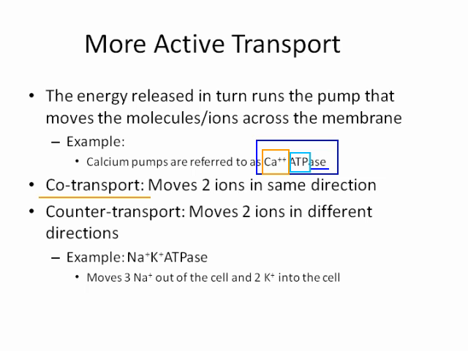And with a co-transport, that pump is not only moving one ion, it's moving two ions. And it's moving both of those ions in the same direction. We typically see this happen quite often within the kidneys. And when we get to the kidneys, that'll make more sense.